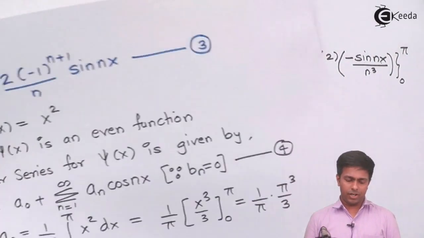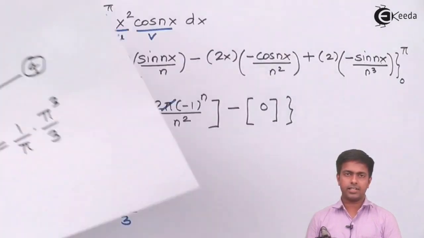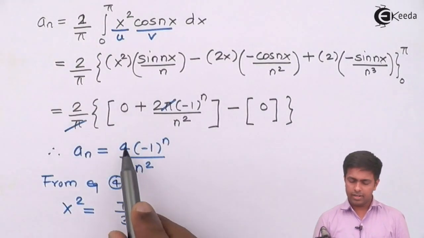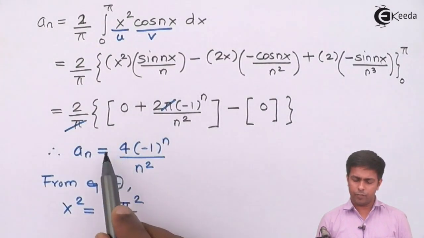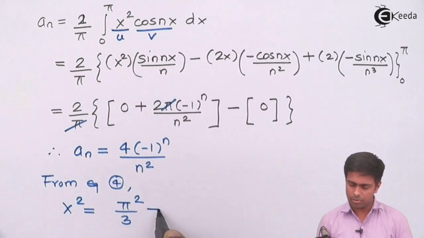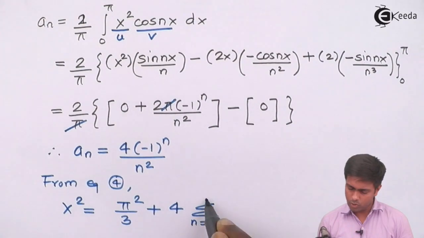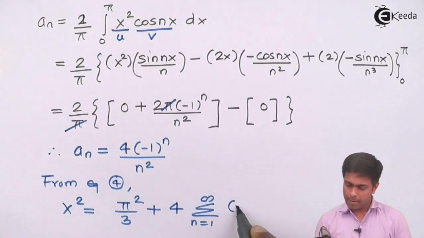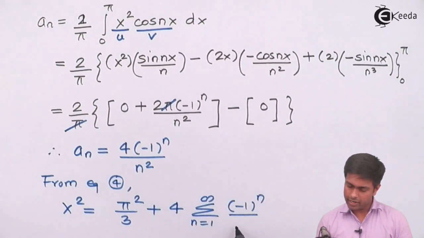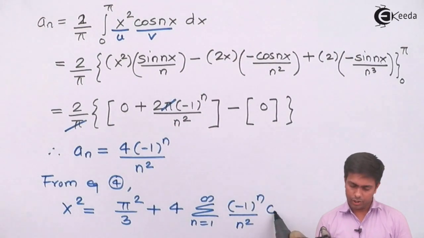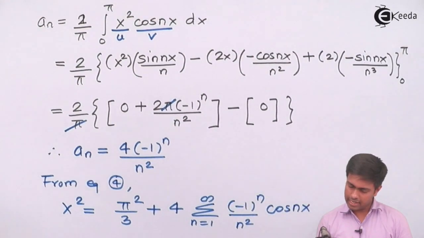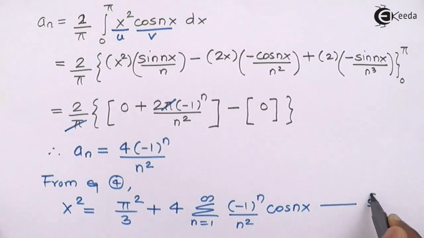Next here an cos nx, so value of an is this, so out of that 4 is a constant, I'll take it outside, so that will become plus 4 summation n equal to 1 to infinity minus 1 to the power n upon n square into cos of nx, and that will become equation number 5.